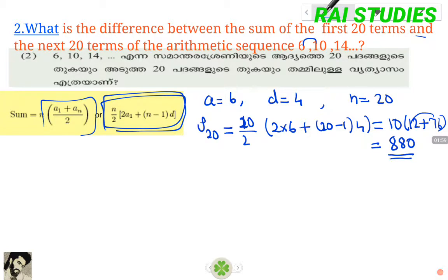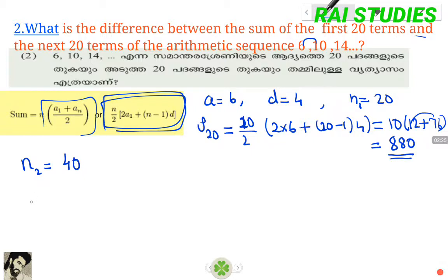So the question, if you try to notice it again, asks the difference between the first 20 terms and the next 20 terms. So we need to compute the next 20 terms also. So again we are taking 20 terms, so you can name this n1 and this n2. Here n2 is equal to 20 plus 20, you get the value 40.